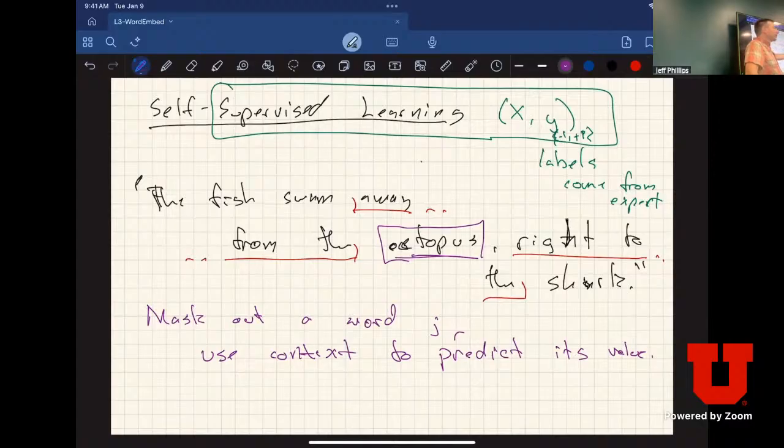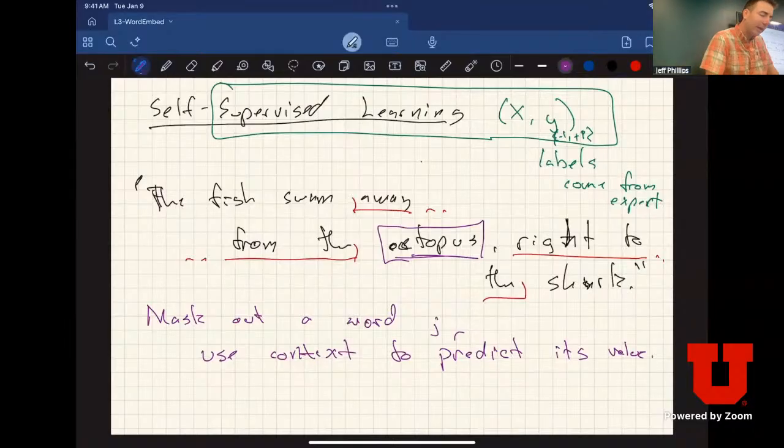So I want to predict it, and if you know how stochastic gradient descent works, if I predict the right thing, I don't have any penalty. If I predict the wrong thing, I get a penalty, and that back propagates through some kind of network representation. Okay, and so I can use the context to predict the word J, and if I make the wrong prediction, then I have to update my representation a little bit so it's more likely to predict the right word.